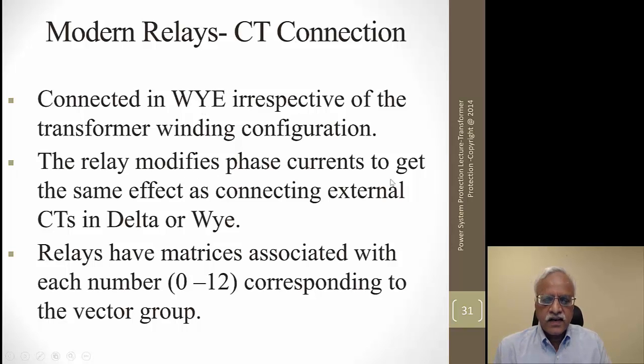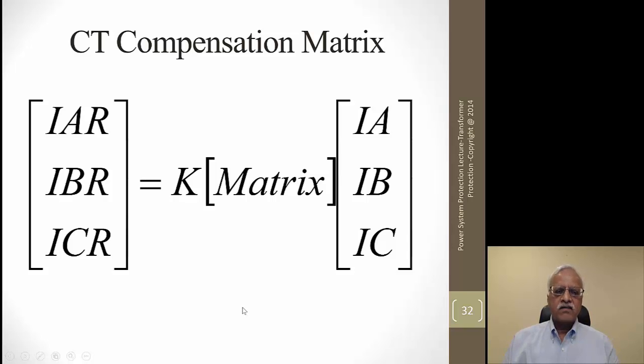The relay modifies the current to get the same effect as connecting external delta CTs as delta or Y, which we will explain in the next few slides. And then they have matrices associated with each number 0 to 12 corresponding to the vector group. So now the relay current is a number value K times a matrix.